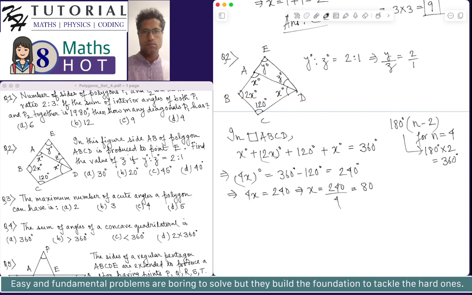Now we have to find z, where the ratio of y and z is given.